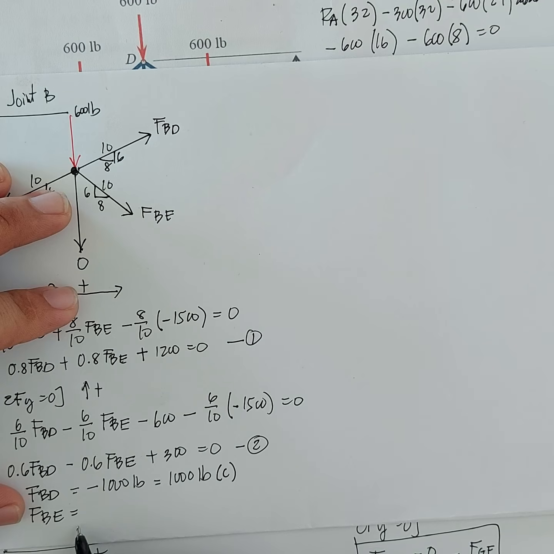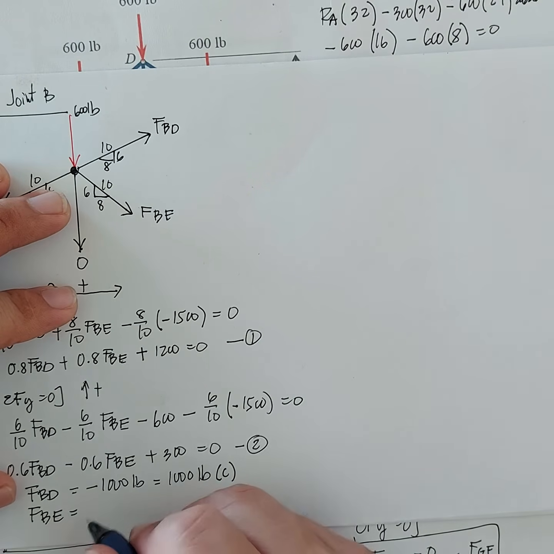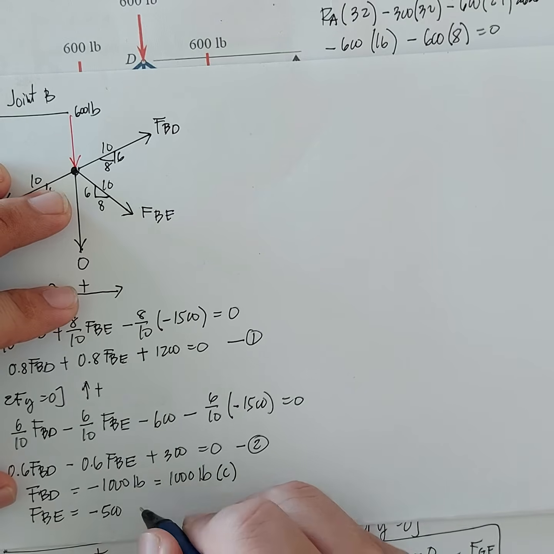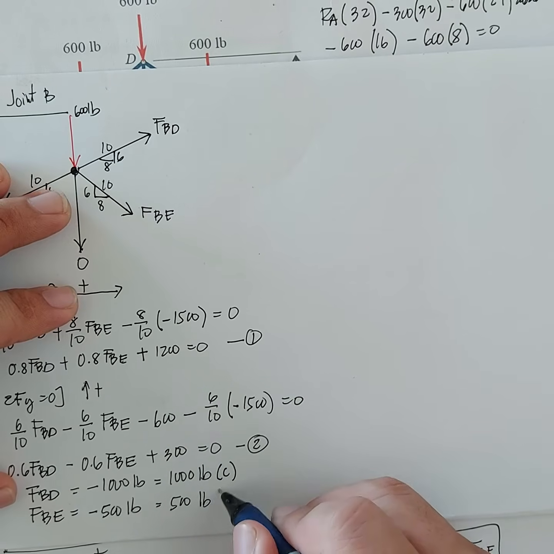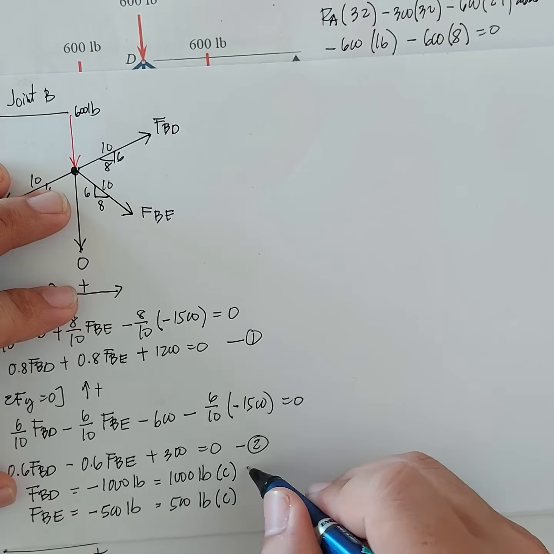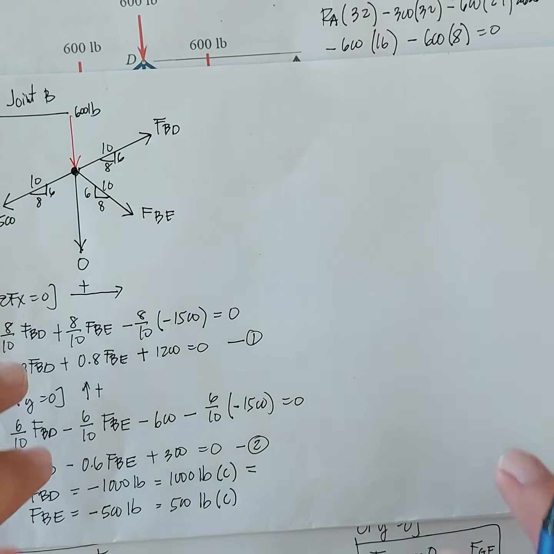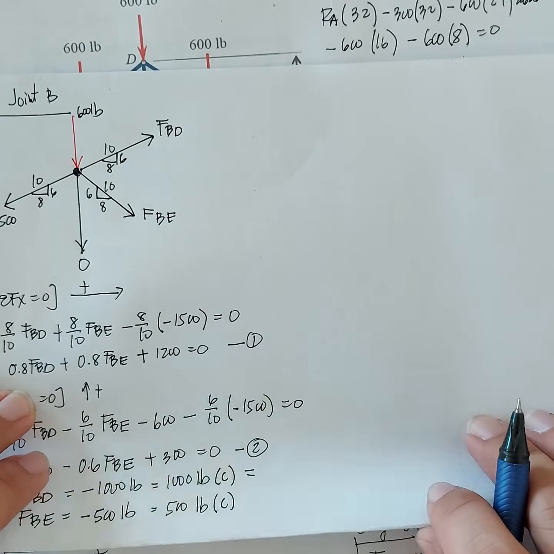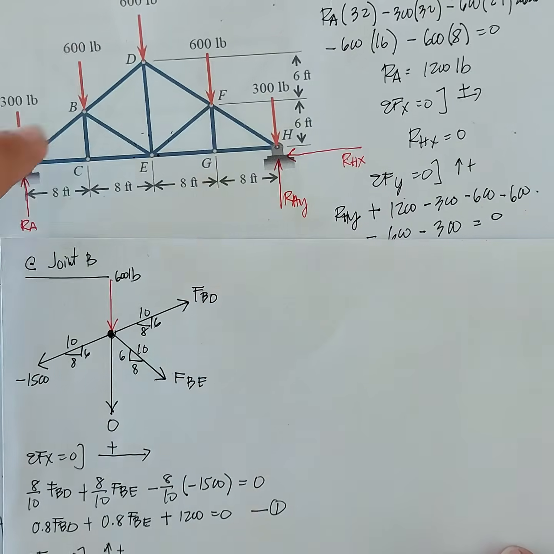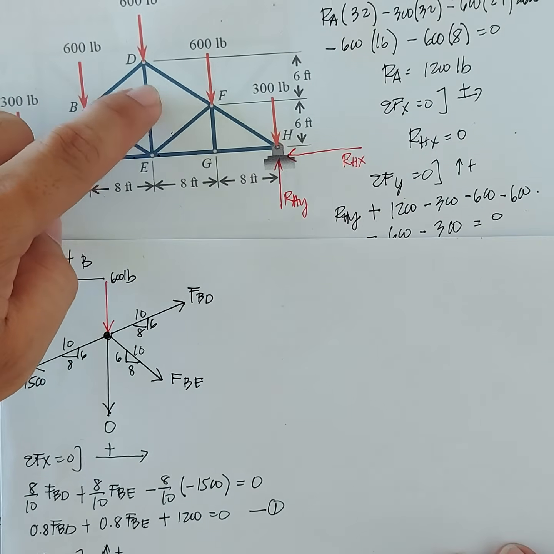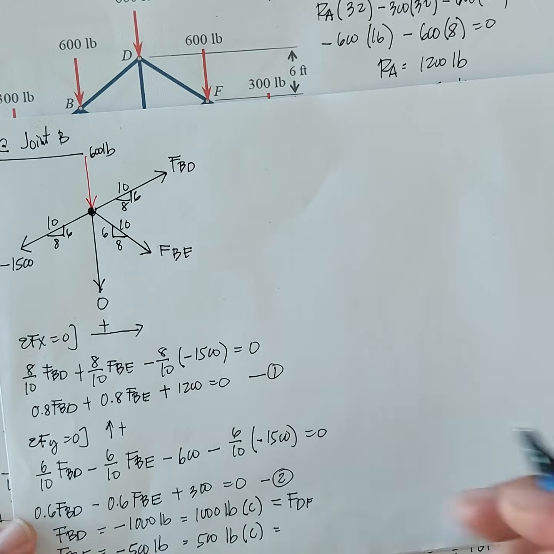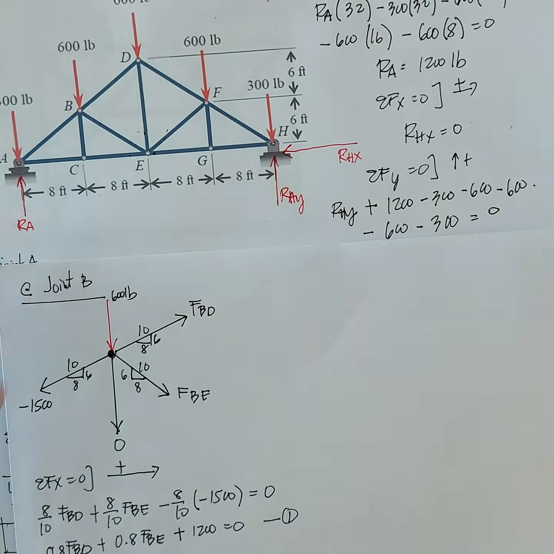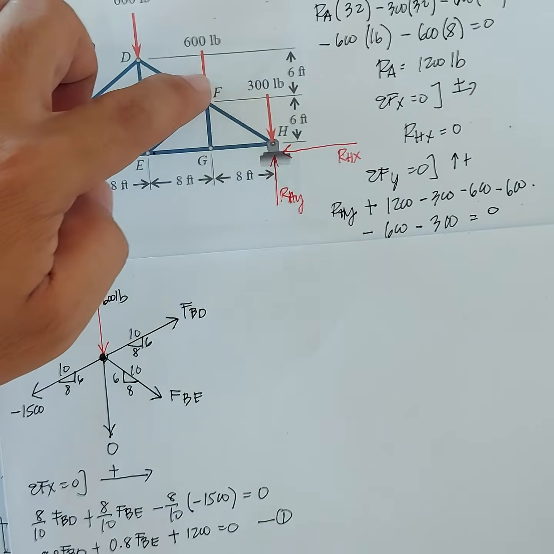Okay. FBE is negative 500 pounds, which is also equal to 500 pounds na compression. Okay. Equal din to sa partner nila sa kabilang side ng truss. So we have FBD equal yan sa FDF by law of symmetry, and FBE is also equal to FEF.